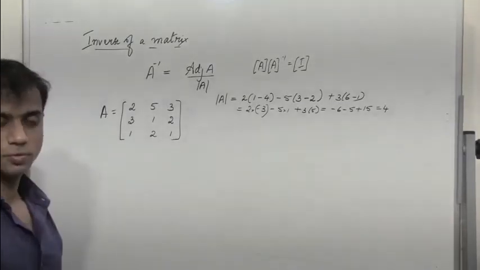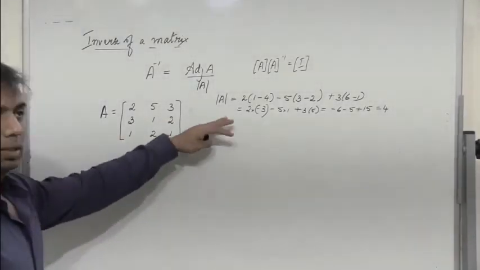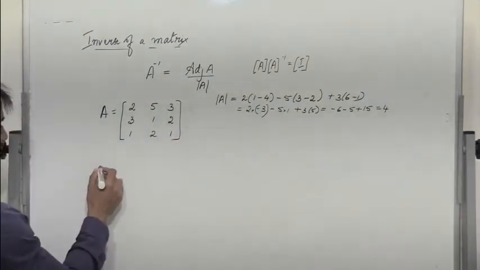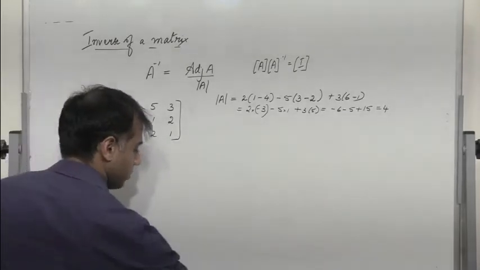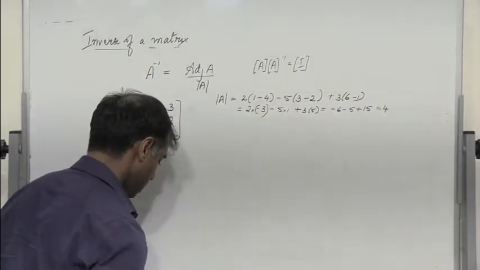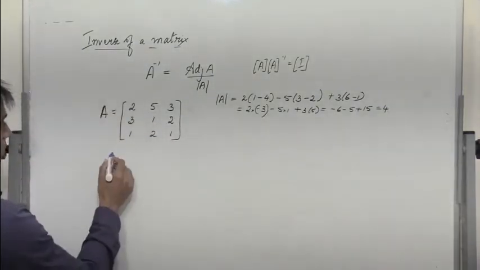To find the adjoint of a given matrix A, we need to find the cofactors of A. So how do we find the cofactors? The cofactor matrix is given by, so let me consider the first element 2.